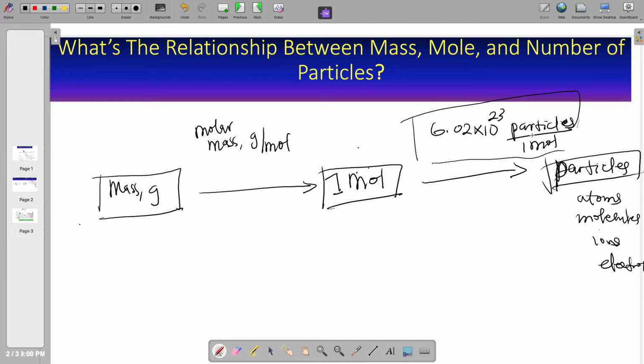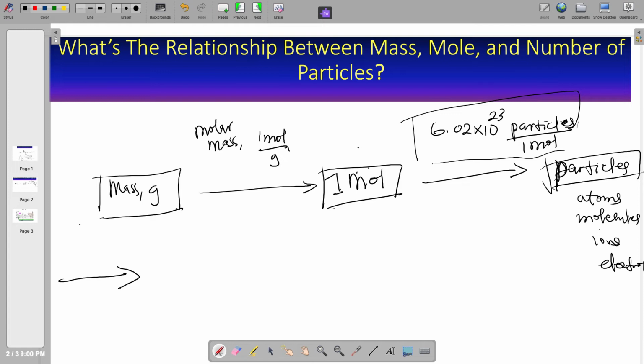So if we want to go from mass in grams to moles, we have to flip our molar mass. So that means that our molar mass will now be 1 mole on top over grams, so that the grams will cancel out and then we'll just have moles. Okay. So that is if we are moving in the direction from left to right.